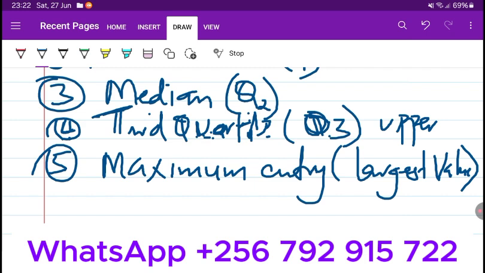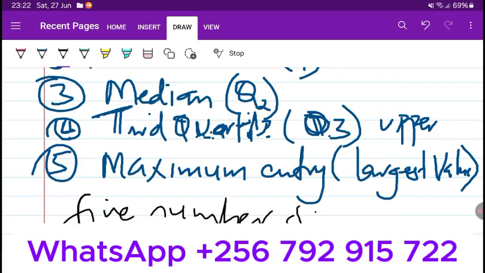But regardless of whether we have outliers or not, in any given data set you must identify these 5 numbers, and they call them the 5-number summary of the data set.